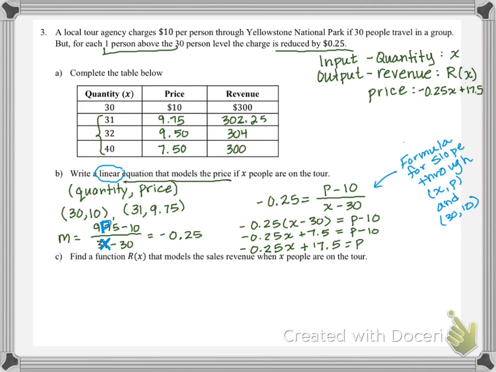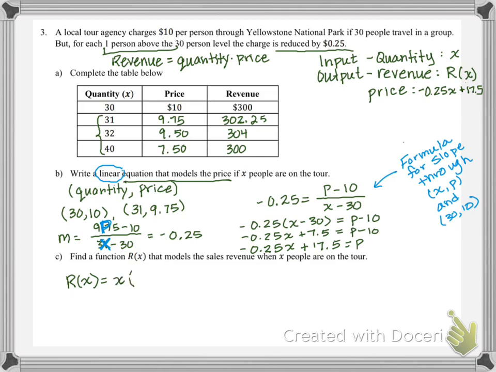So now, how do you find revenue? Quantity times price. Yep, revenue is quantity times price. And that formula will be on the test. So we have R of x equals, we look for the word quantity, it's x.